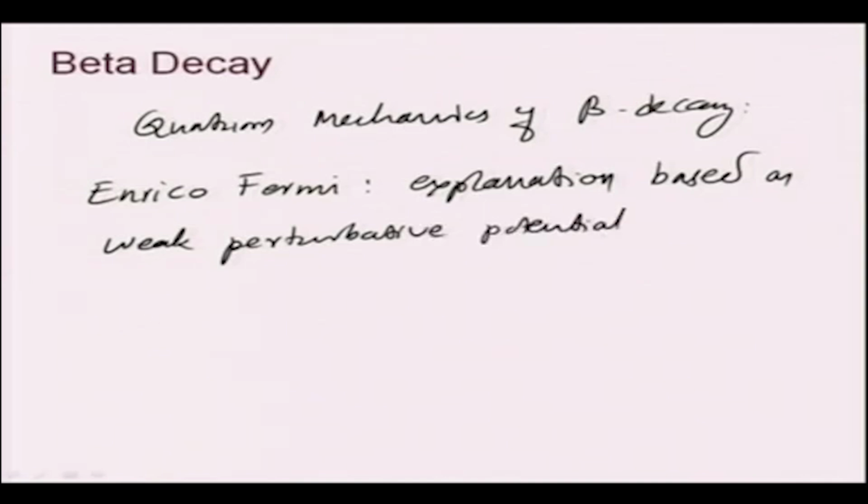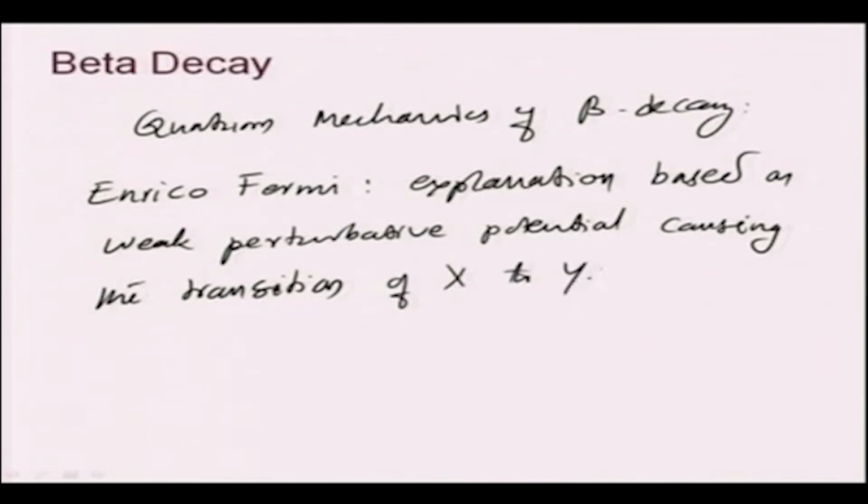Since it is weak, we can do perturbation theory, and the perturbative potential causes the transition of X to Y. We will discuss the Fermi theory in a little more detail when we discuss the weak decay of beta in the particle physics section.